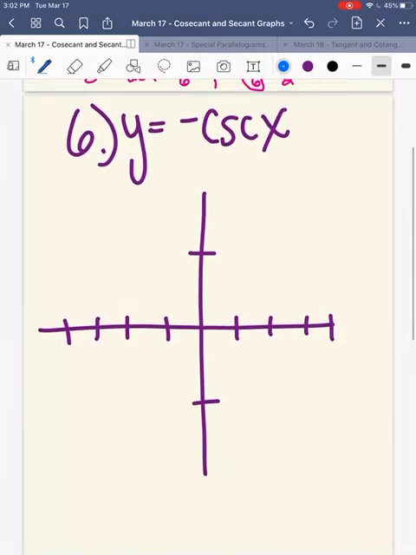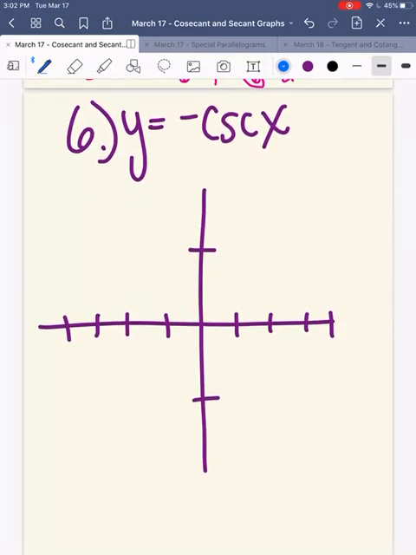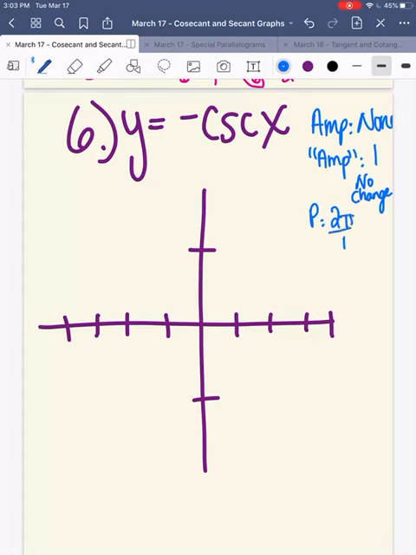All right, I'm going to move on to 6. If you need to go back, you certainly can. The amplitude is none, but the quote-unquote amp is going to be 1, which is no change from the parent function. Then our period is 2 pi over b, and our b is 1, so it's just 2 pi. Is everybody clear? There's an imaginary 1 here, and an imaginary 1 here.